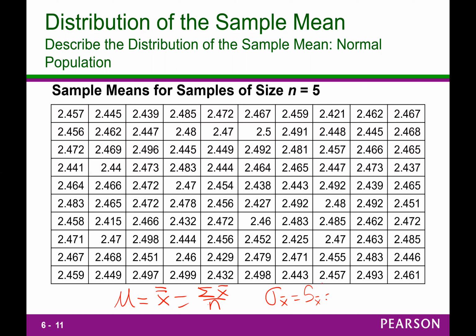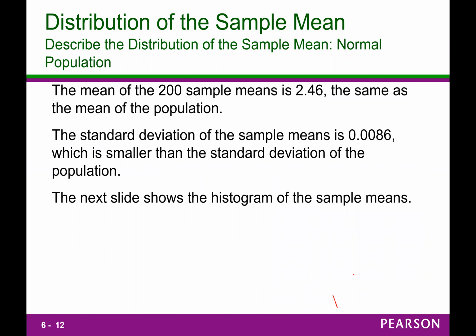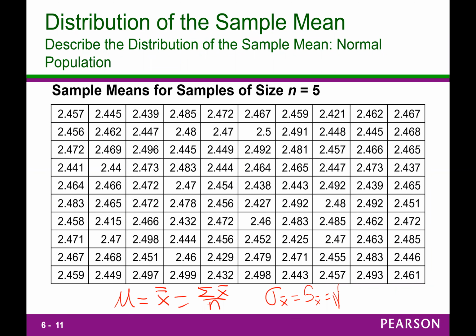But let's assume that this is a population. It is equal to the square root of the sum of all variations of all samples mean with respect to the mean of the population squared, divided by n, because it is the population.